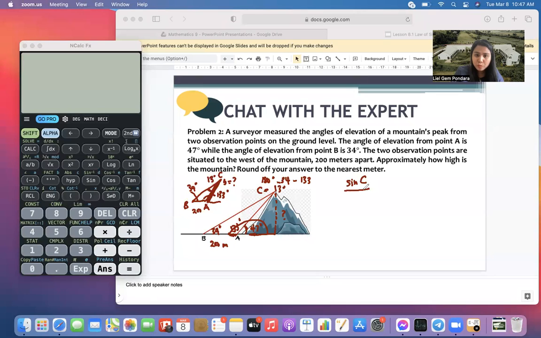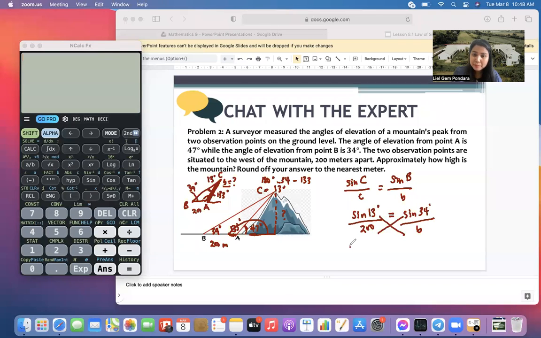So our complete set now is sine C over small c, and we're looking for side B, so sine B over B. You have sine 13 over c, that's 200, equals sine B 34 over small b.